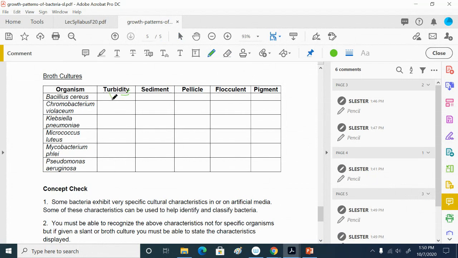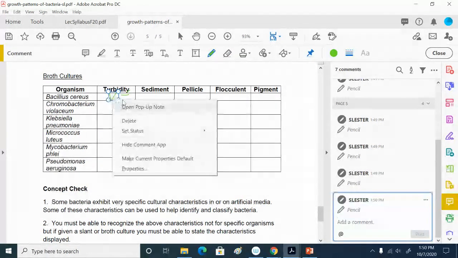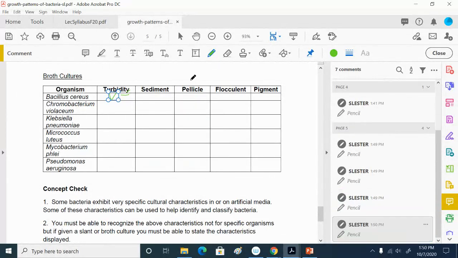That's supposed to be a yes. There's stuff on the bottom.